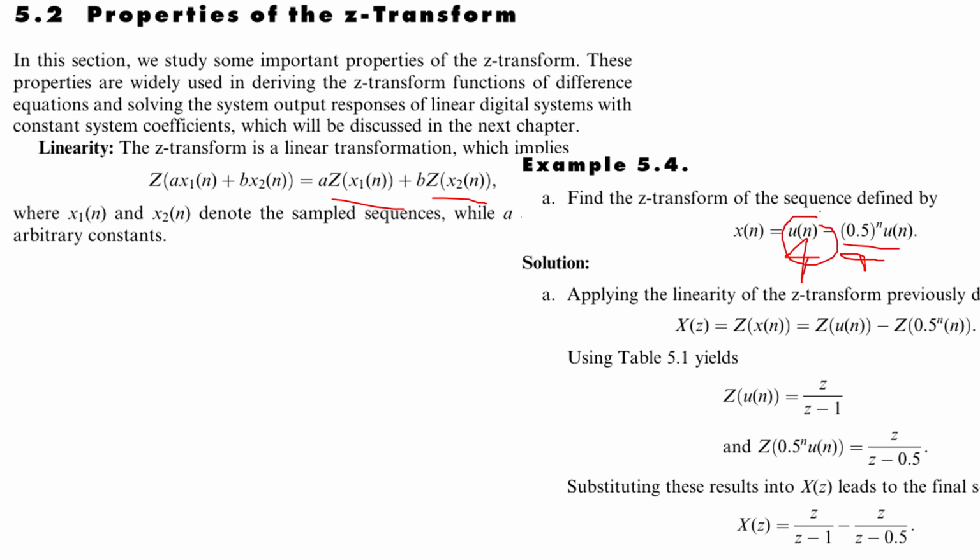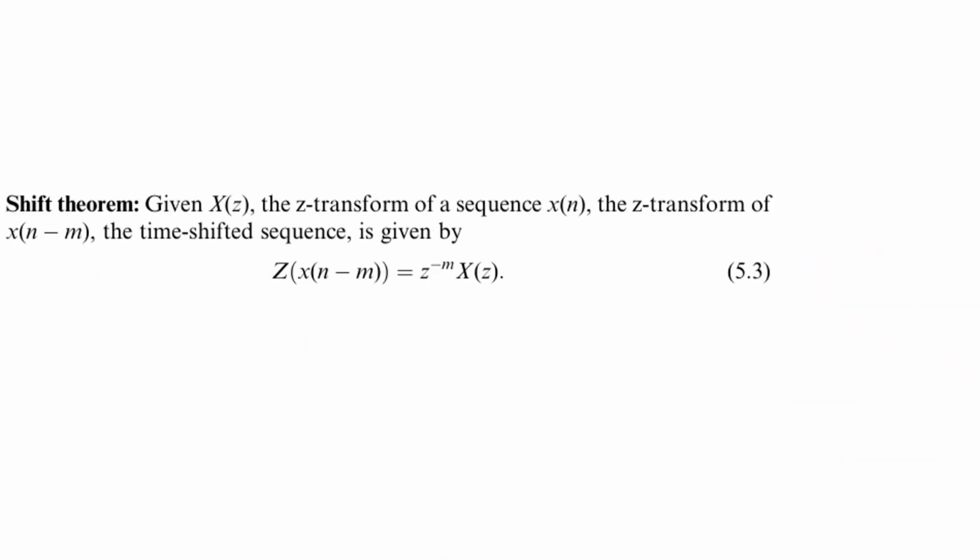For u(n), we already know z divided by z minus 1, and for this part with the half, you can find it like this, and finally you can add them and you will get the result.